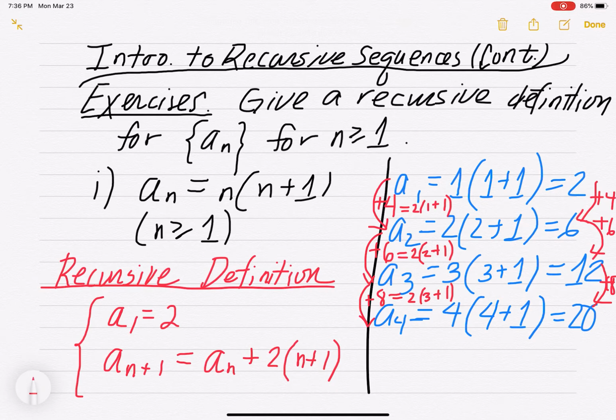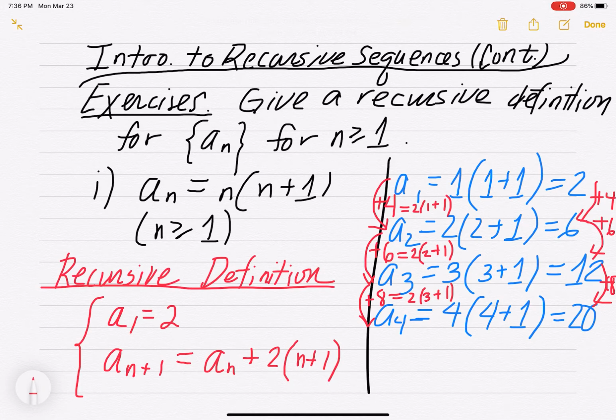To get to A3 from A2, I had to add 6. That's 2 times 2 plus 1, so the n there is 2. And to get from A1 to A2, I had to add 2 times 1 plus 1. So it's 2 times n plus 1 that gets added there.